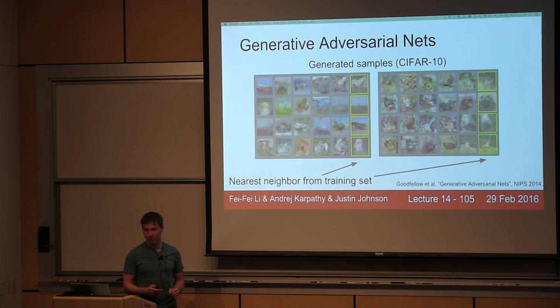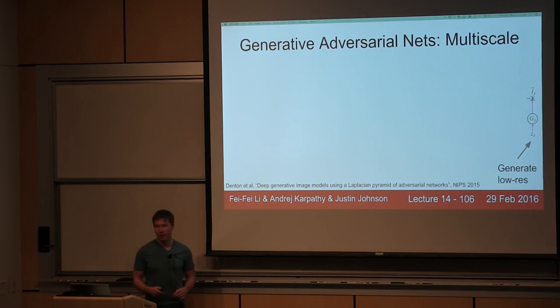So that's a problem. Some follow-up work on generative adversarial networks has tried to make these architectures bigger and more powerful to hopefully be able to generate better samples on these more complex data sets. One idea is multi-scale processing. Rather than generating the image all at once, we're going to generate our image at multiple scales in this iterative way.